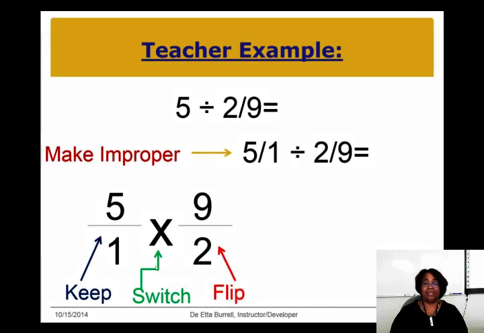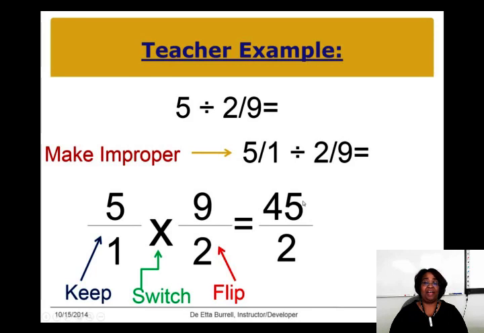Not in this case. So I'm just going to multiply the numerators and multiply the denominators. The numerator is going to be 45 and the denominator is going to be 2 because I couldn't reduce anything. But I can't leave my answer like this. Even in multiplication, I can't leave my answer improper. I have to simplify it.